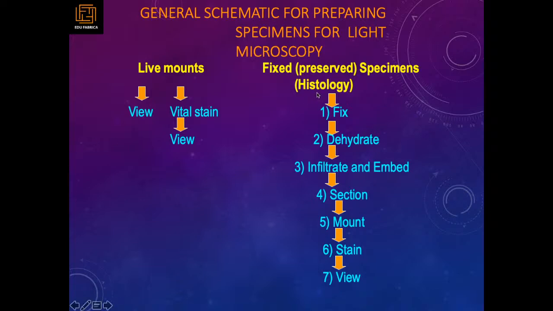The other side is known as histology, which is a different department. In histology, we fix our samples with some reagent, then remove all the water, dehydrate them, infiltrate and embed them in a block. Then we section it, mount, stain it, and then view it. So these are the 7 fixed steps that we use for light microscopy.